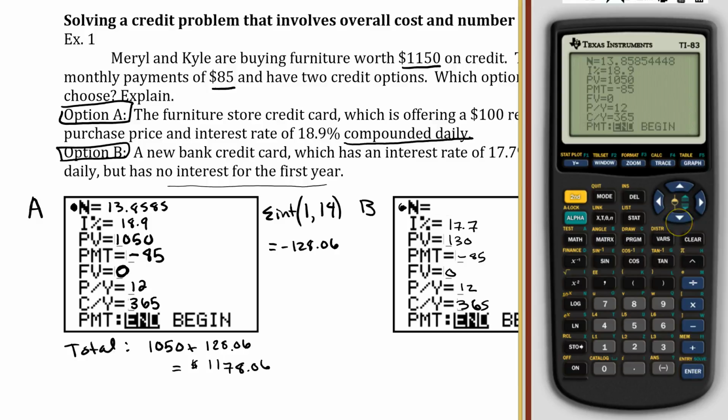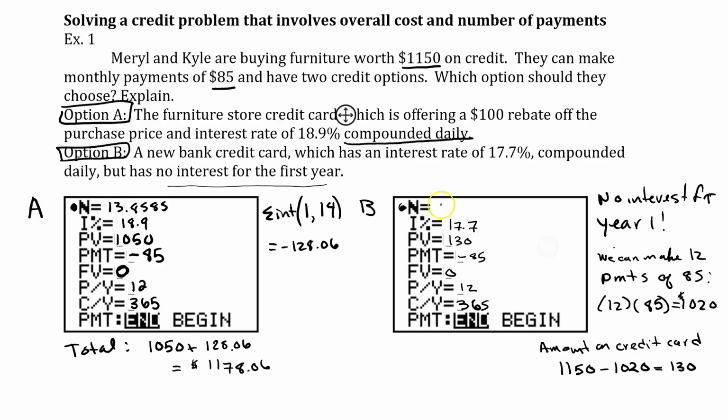I'm just going to change the interest rate, 17.7, the present value, which is 130, but then everything else stays the same. I'm going to solve for my n here. So it's going to be 1.5585. So that means it's going to be paid off in 2 months.